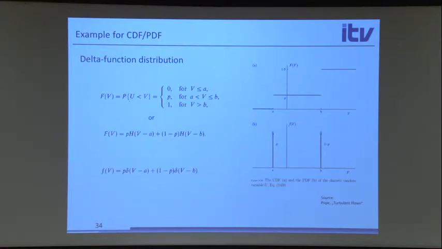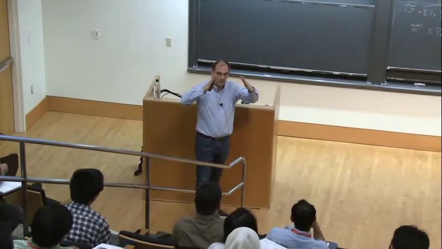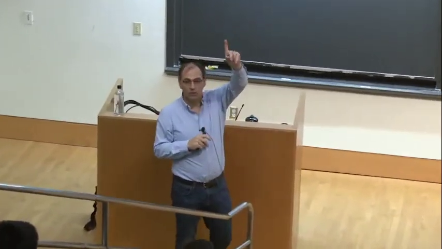Or if I have a double delta function, so I have two delta functions here, the sum of the areas under these curves is 1. So you can think of this as an area that is very, very, very narrow, but very, very, very high.